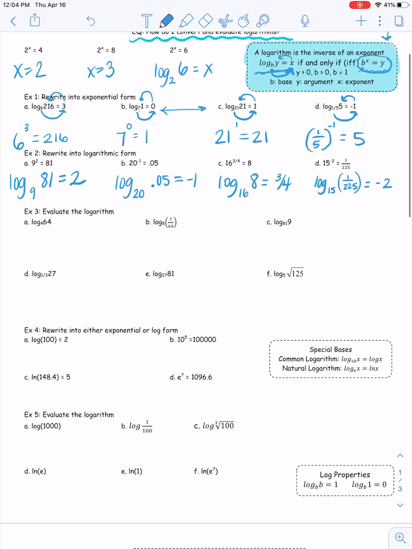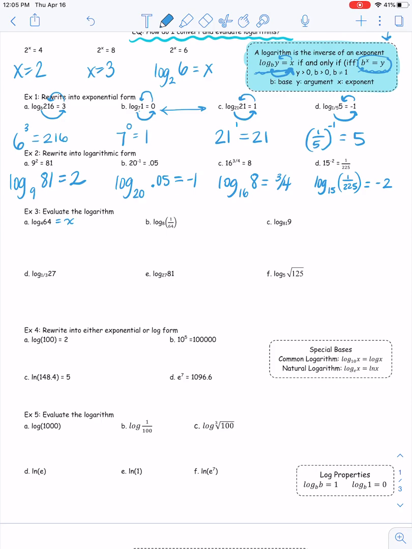So you're going to see a lot of the same properties, but the opposite, the inverse of it. Okay, so here we now need to evaluate the logarithm. For me, it helped rewriting first and then evaluating. So you need to think of this as, it reads log base 4 of 64. What does that equal? If you need to put an x there to help you in rewriting and then solving, that might be a good idea.